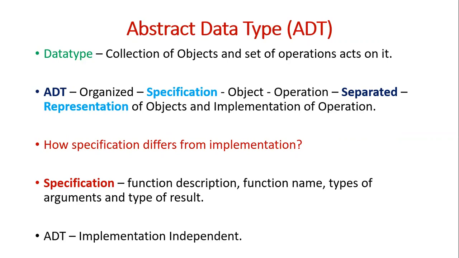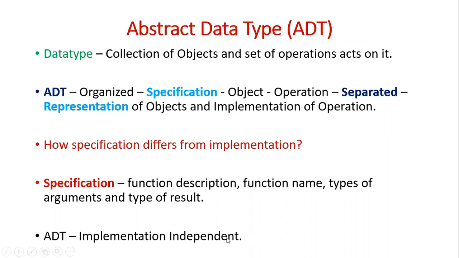An abstract data type is a data type which is organized in such a way that the specification of the object and the specification of the operations on the object are separated from the representation of the object and the implementation of the operations on the object.